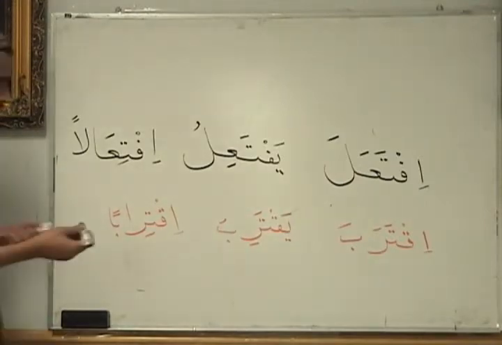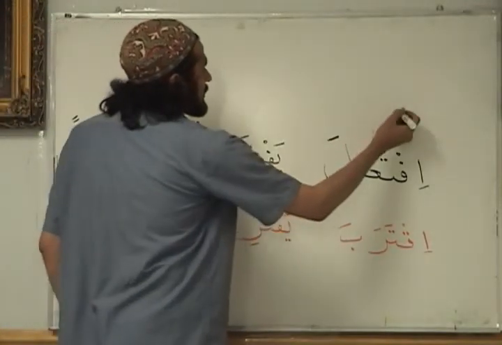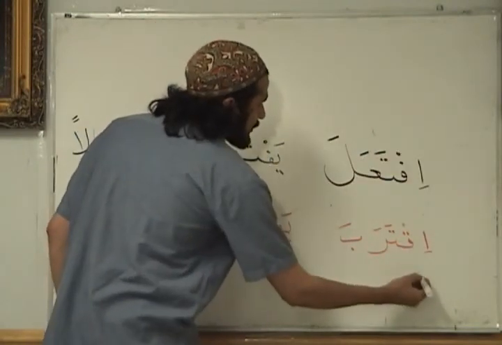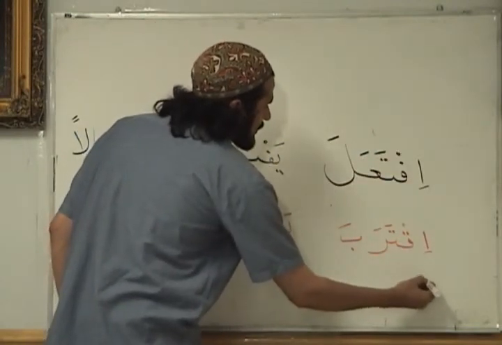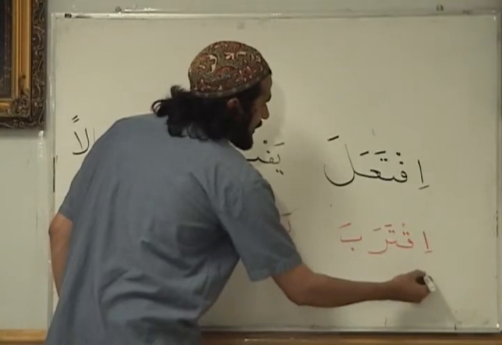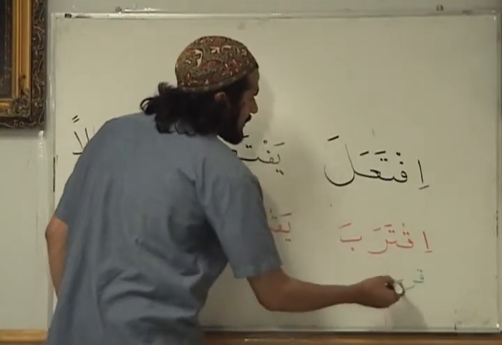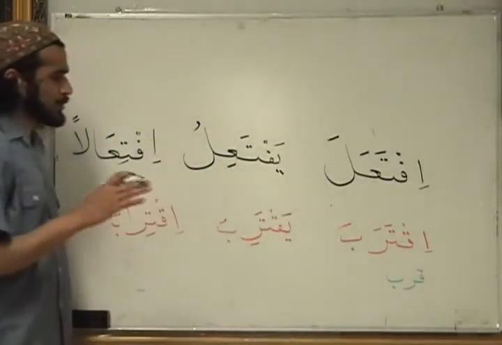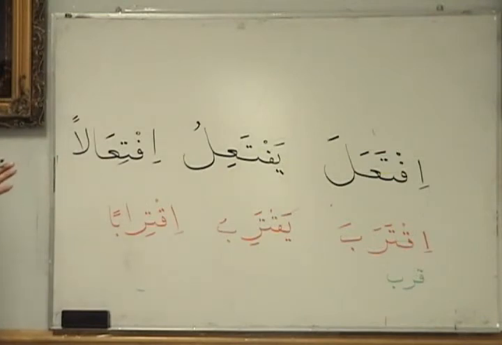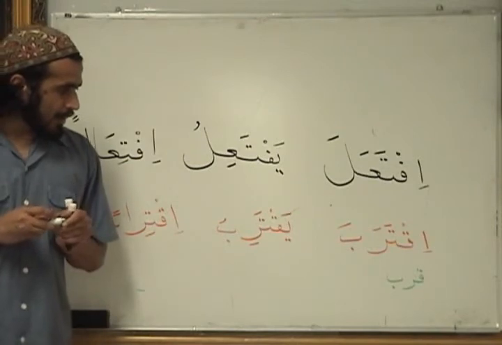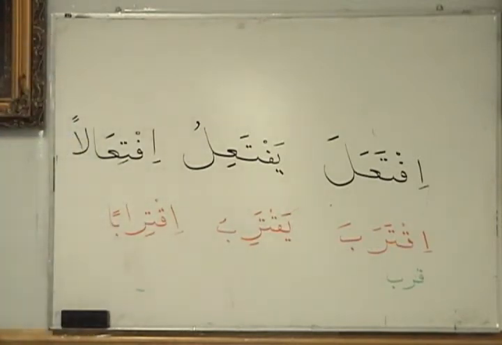So what we have done here is we have taken, in this example, qaf, ra, and ba. So we don't worry about what qaf has or ra has or ba. What we care about is qaf, ra, ba are the original root letters.